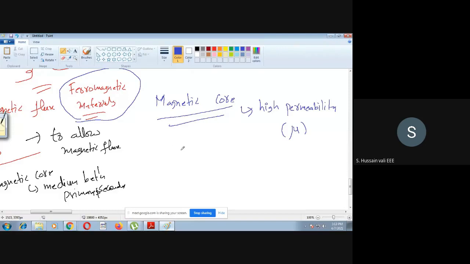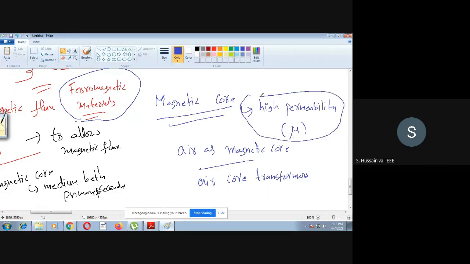Sometimes we will use air as the magnetic core. In that case we call it an air core transformer. But these kinds of transformers have limited applications. Generally, all the transformers, especially the power transformers, will have a magnetic core made up of very high permeability materials.